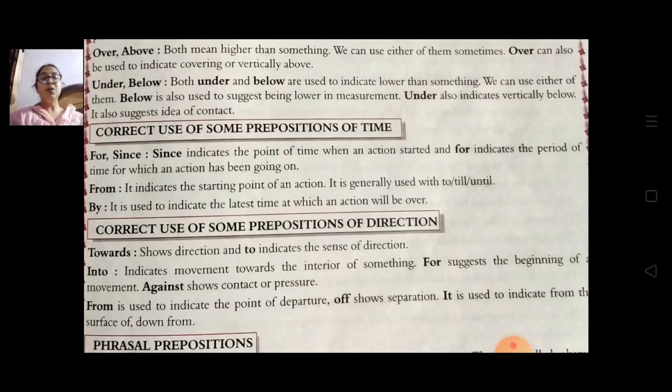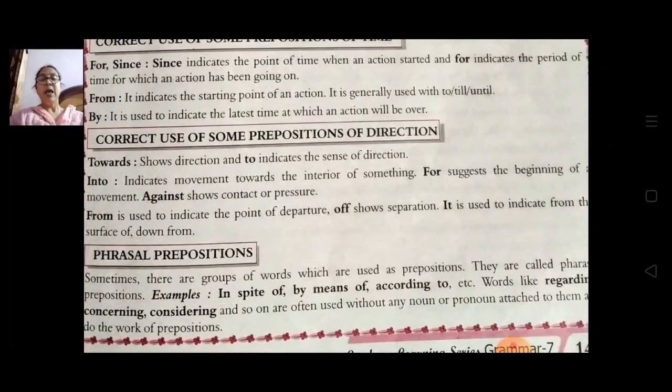Correct use of prepositions of direction: towards, into, from, that we have discussed. And phrasal prepositions, which are groups of words used as a preposition. They are called phrasal. For example, in spite of, by means of, according to, etc.